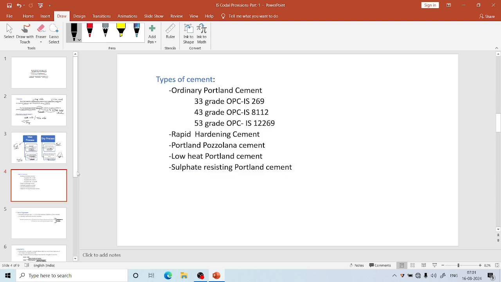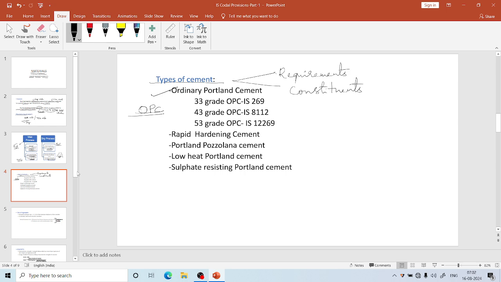When we come to types of cement, based on the requirements of the place where it is being used, and by varying constituents in the cement, we have different types of cement. The first one is ordinary Portland cement, OPC.